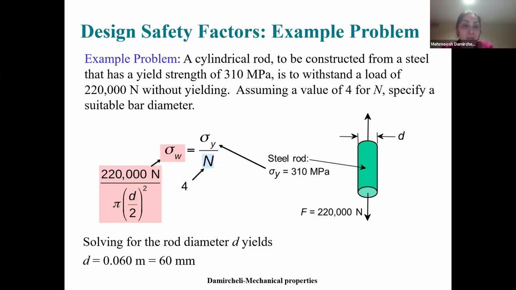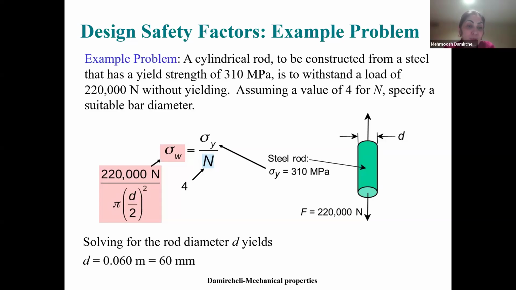For example, here we have a cylindrical rod to be constructed from steel. Yield strength is 310 megapascal, and it must withstand a load of 220,000 Newton without yielding. So here we want to design a component that does not reach the yielding point or enter the plastic region. Assuming a safety factor n equals 4, specify a suitable diameter for this bar.